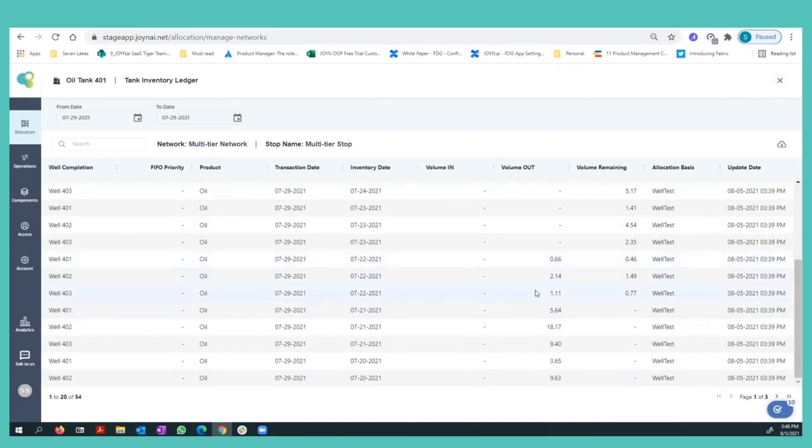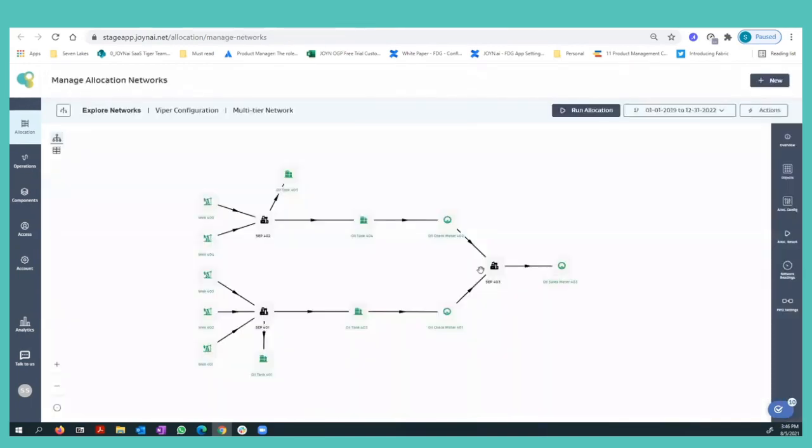The draw out will continue till all the inventory belonging to 401 is completely drawn out.